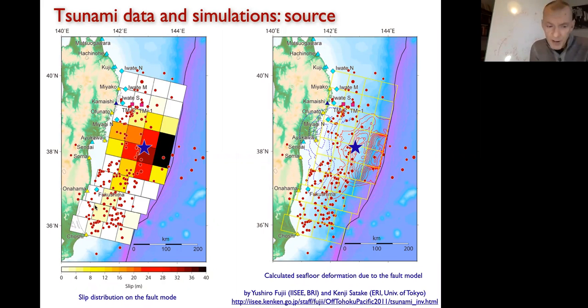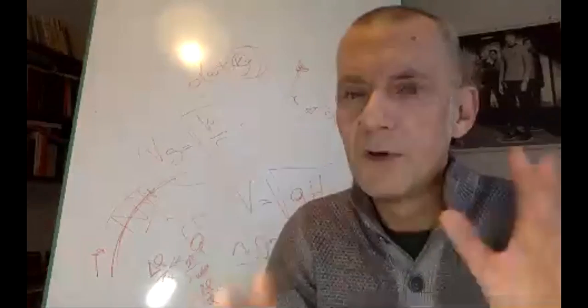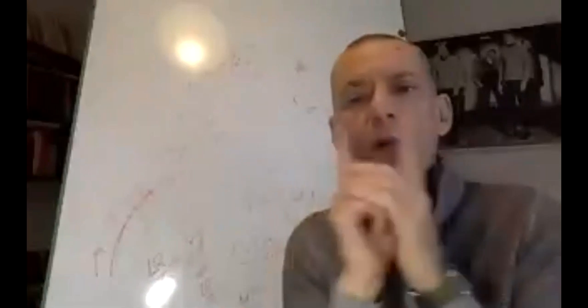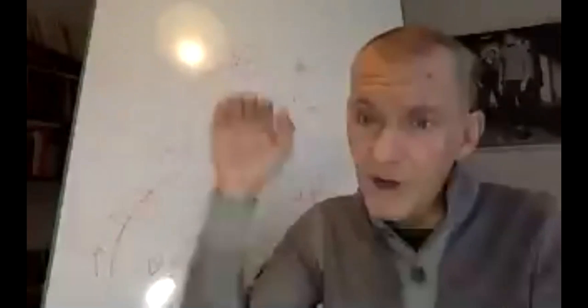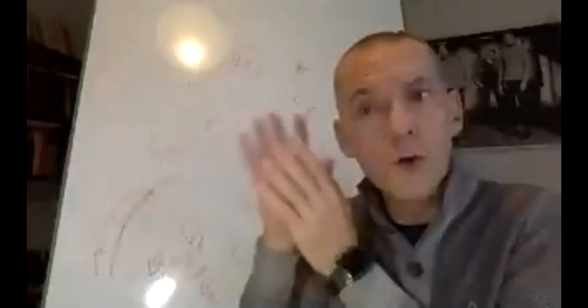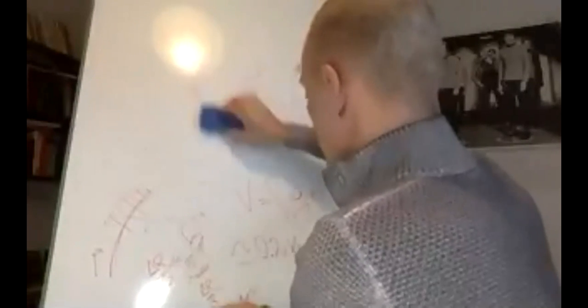And please do remember, and I'm sorry to stop sharing again, but I want to have an interaction with you: the source spectrum is supposed to be flat when you go to zero frequency.